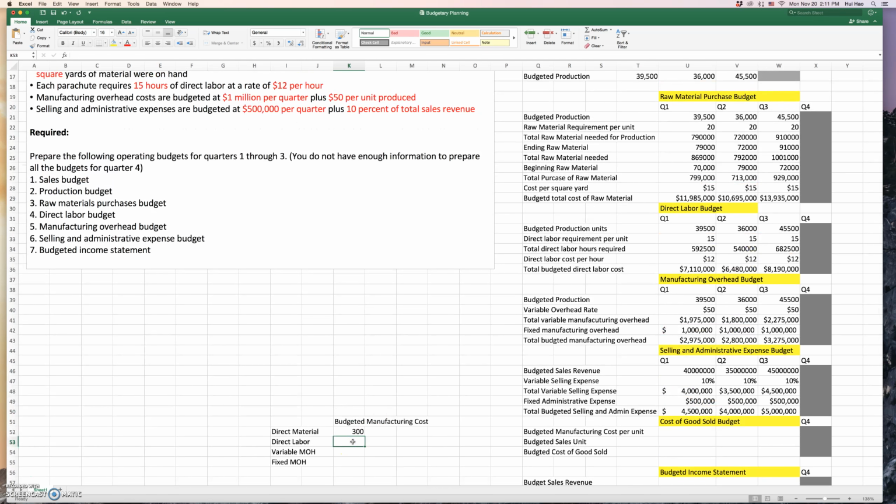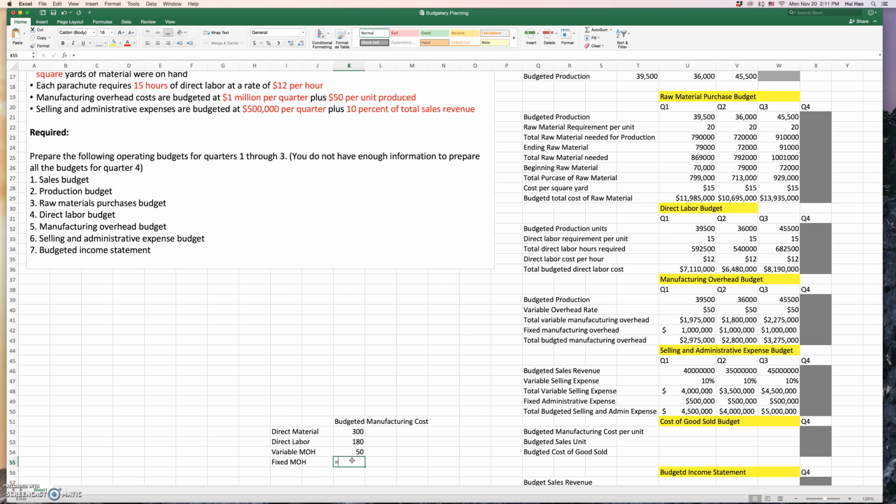For direct labor, each parachute requires 15 hours of direct labor at $12 per hour. 12 times 15, this is the direct labor cost per unit. And variable overhead is $50 per unit.